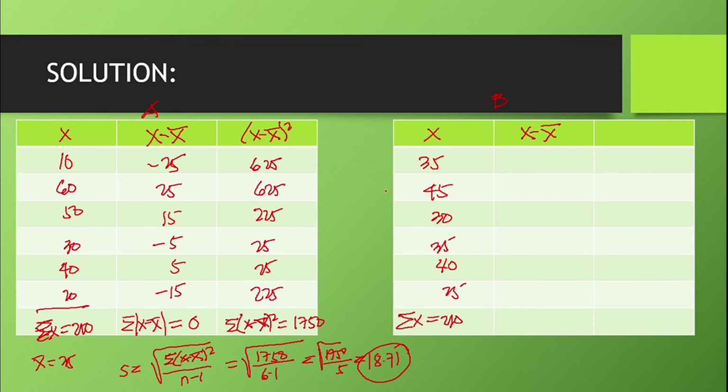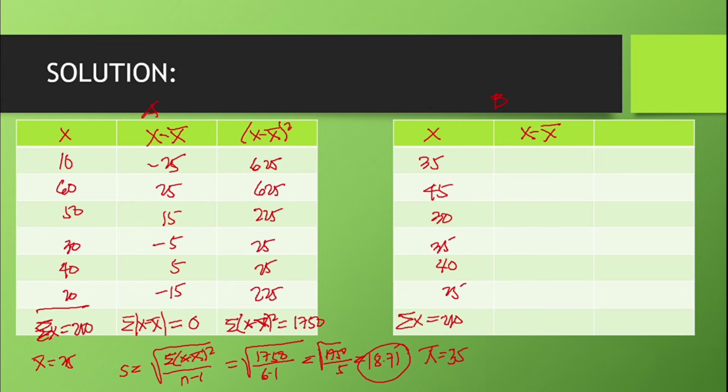And next, we're going to compute the standard deviation for brand B. Still, we have to copy the result of x minus the mean in this case. Just look at your previous result for A for x minus the mean. Still, the mean of this part is 35.